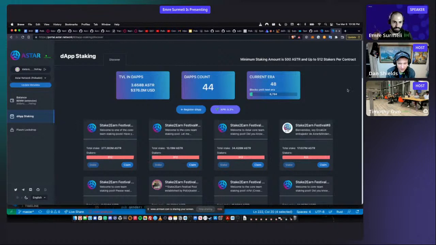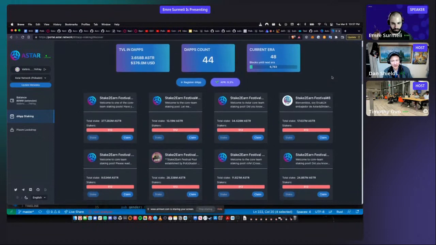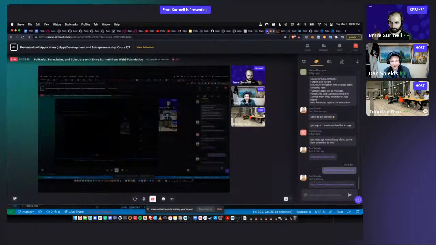So Astar has developed this UI over their staking network, and there's a minimum staking amount. That's interesting. Yeah. Because that's a whole different topic than staking to secure a network, right? I'm not even sure. Maybe somebody in the class knows more about dApp staking in general, because it's an interesting topic. Has anybody heard of this? If not, it might be a tangent we can explore at another time.